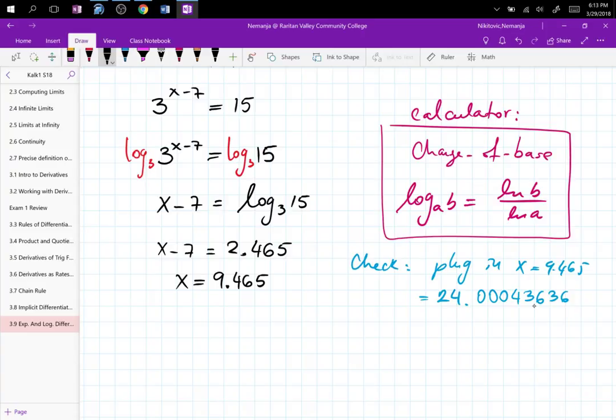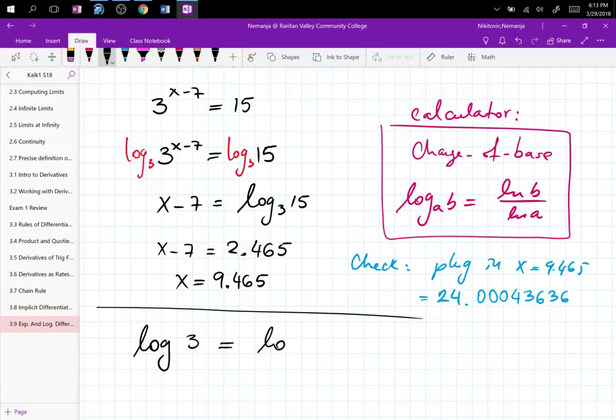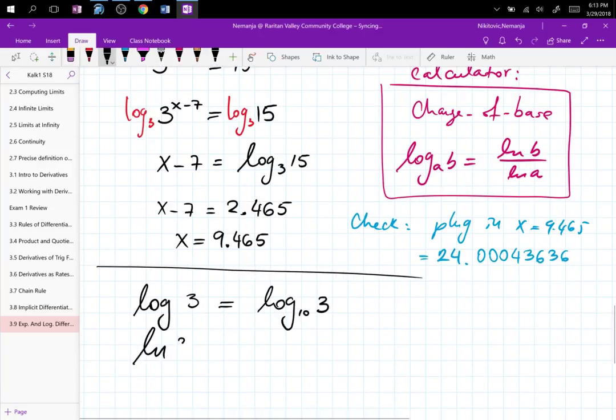So let me write those down now. If you have just, let's say, log of 3, that means log base 10 of 3. If you have ln 3, that means log base e of 3.